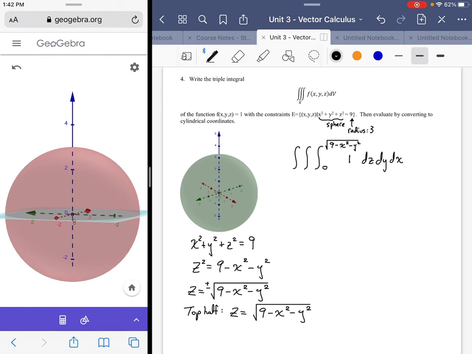So what we're going to have to do is break this down into the xy plane by setting the z value of the sphere equation equal to 0. So x squared plus y squared plus 0 squared is equal to 9, so this is in the xy plane.